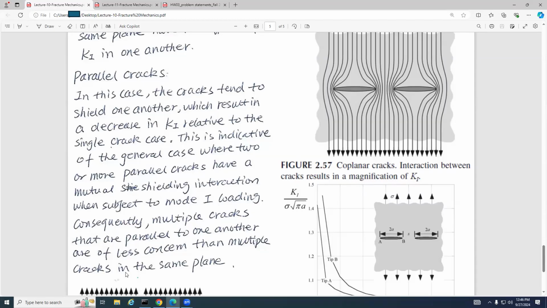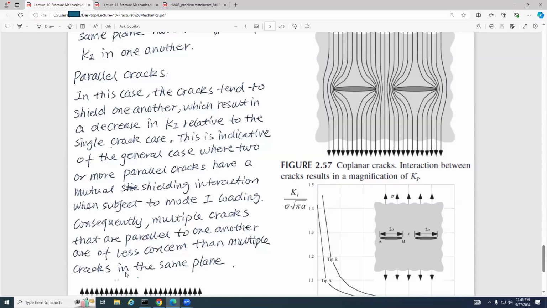Do you have a sense? We have two case scenarios. One is the coplanar, one is the parallel. The parallel cracks help each other, they strengthen each other. However, for the coplanar cracks, because of the existence of the neighboring crack, this crack tip is usually magnified.